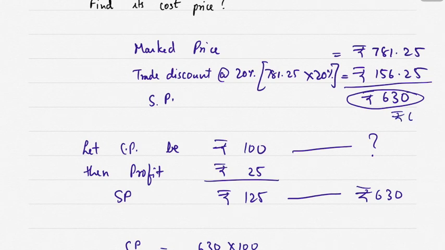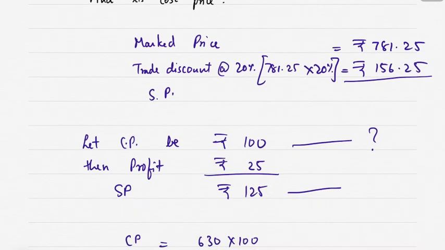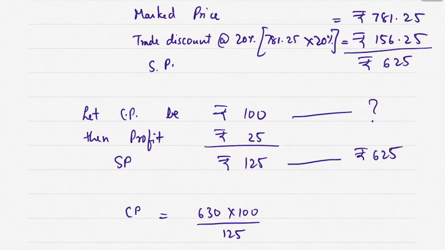This is rupees 625. If 125 is rupees 625, how much is 100?